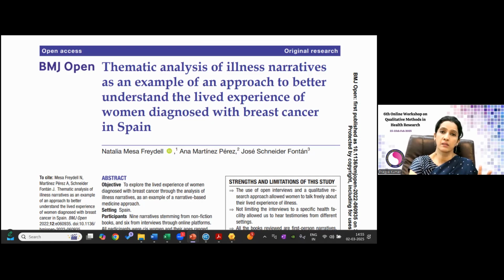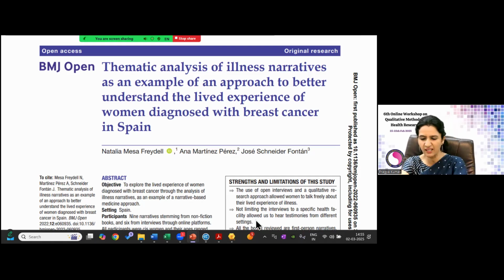But the approach they have used is narrative, because they use an open interview or a qualitative research approach, not limiting the interview to a specific health condition. So again, I say that you will find, in published content also, more overlap between these strategies.